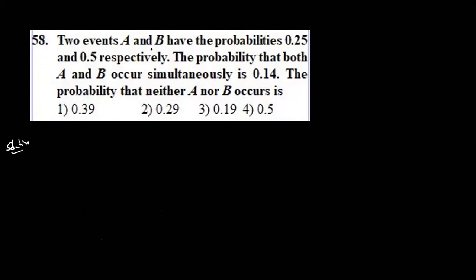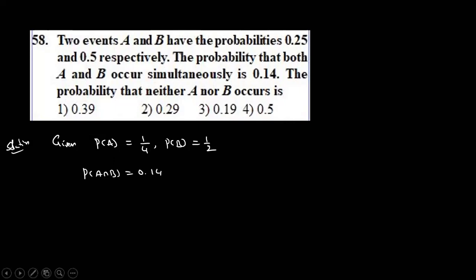Two events A and B have probability 0.25. Better write down what is given. P of A is how much? 1 by 4. P of B is how much? 1 by 2. Okay. The probability that both events occur simultaneously means P of A intersection B is equal to 0.14.